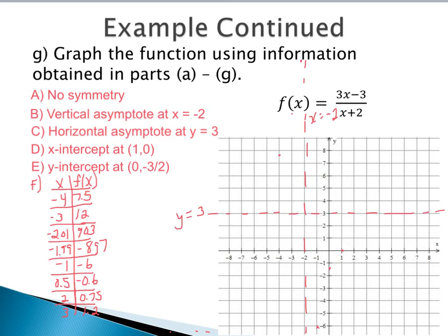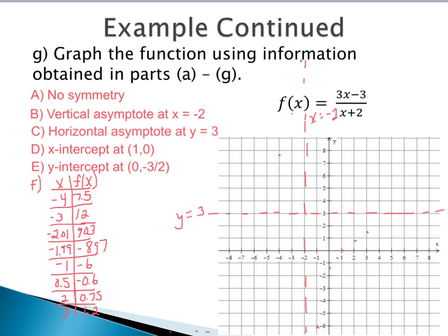At 0.5, you're going to be at -0.6. At 2, you're going to be at 0.75. And at 3, you're going to be at about 1.2. From here, we can see that we have our two parts of the graph.